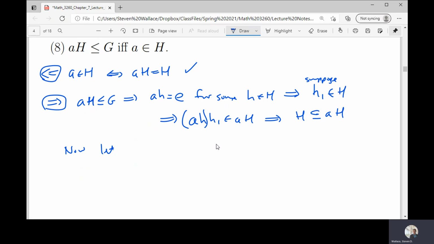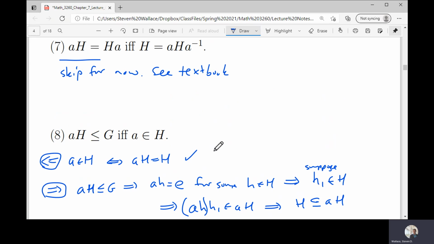So I'm going to show that aH equals H, and then, you know, a would be in H. Okay, so now let, oh, but now we have cosets that have elements in common, right?